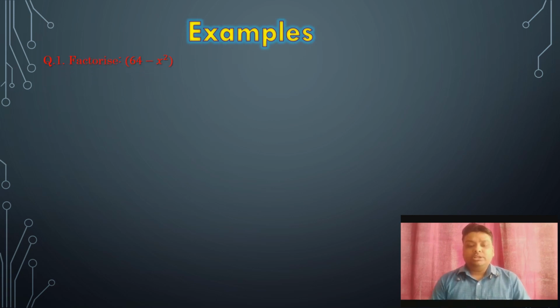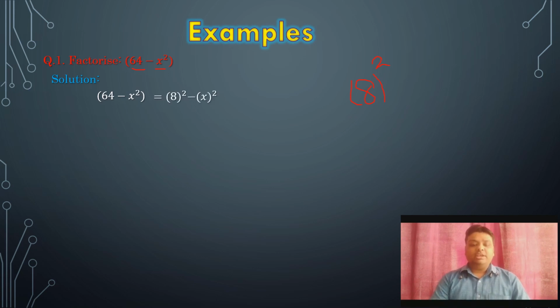This time we have to factorize 64 minus x square. Here you can see that 64 is the first term and x square is the second term. So at first we will write the question: 64 minus x square. Can you tell me whether 64 is the square of some number? Yes, 64 is the square of 8, and x square is also the square of x.